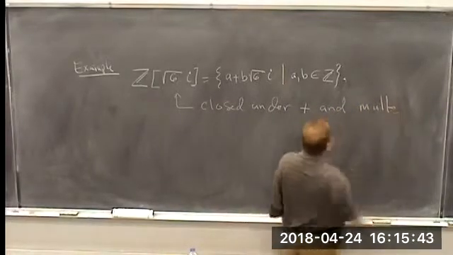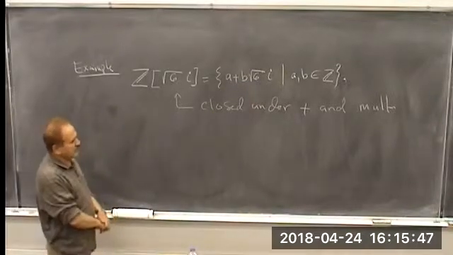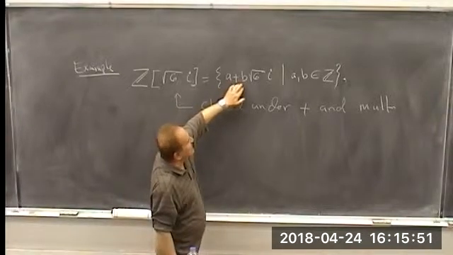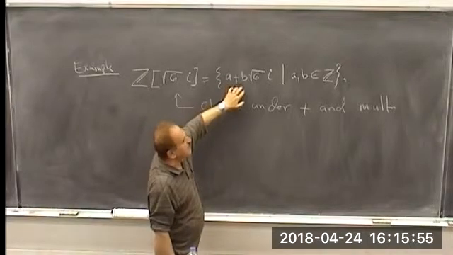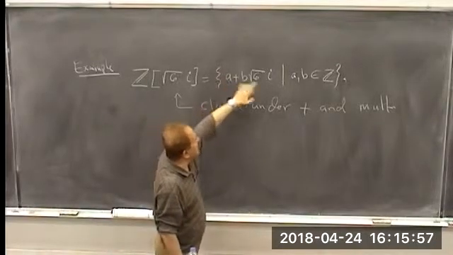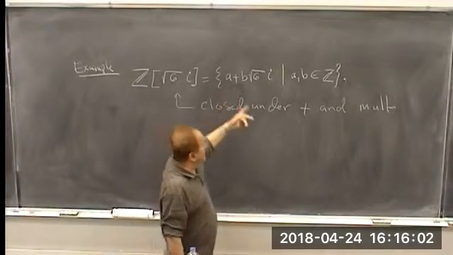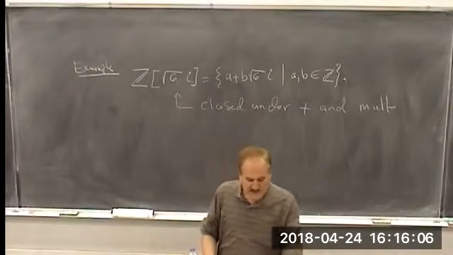What does this mean? When you take two elements from here, you add them, you're going to come up with an element of the same form. When you multiply these as complex numbers, you're going to come up with an element in this form as well, because a and b are integers. Now, this also happens to be a ring.